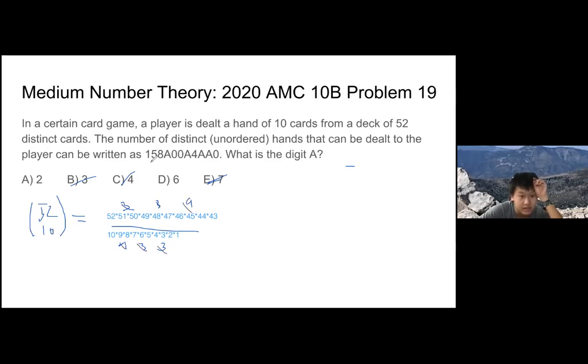Well, the sum of the digits is 1 plus 5 plus 8 plus 4, which is 18, plus A, which appears 4 times. So that's the sum of the digits. This cannot be divisible by 3. Well, 18 plus 4 times 6 is divisible by 3. That's 3 times 14. So it can't be 6. So it must be 2. Are there any questions about that?